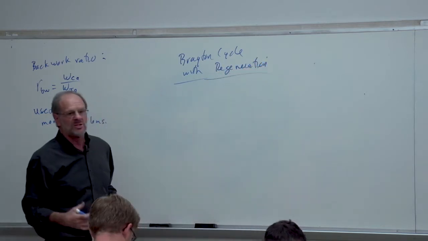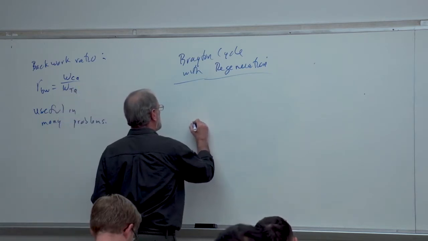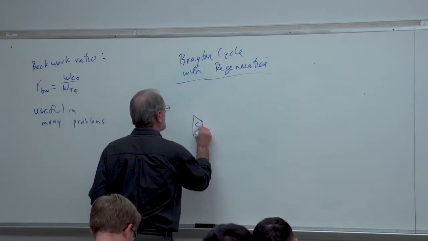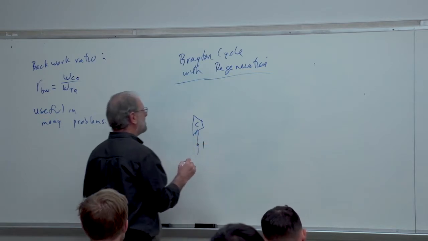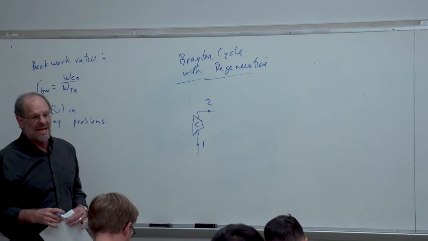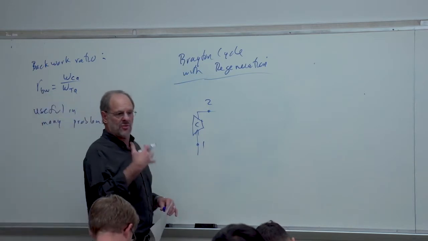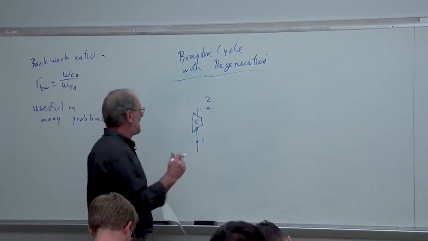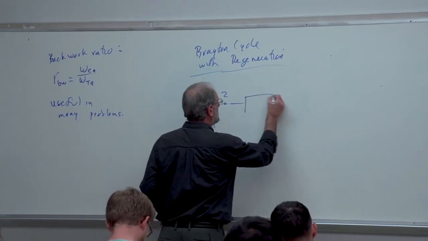Okay. So let's just look at a schematic. We're going to enter the compressor at point 1, and we're going to come out at point 2. And here, instead of going directly into our combustion chamber where we add heat, here we're going to go into a heat exchanger.